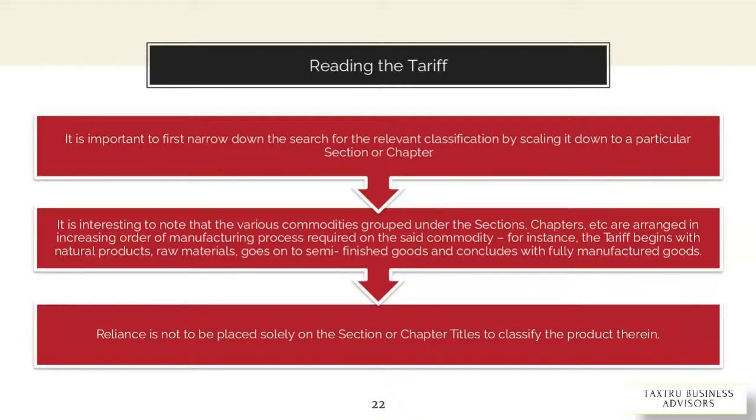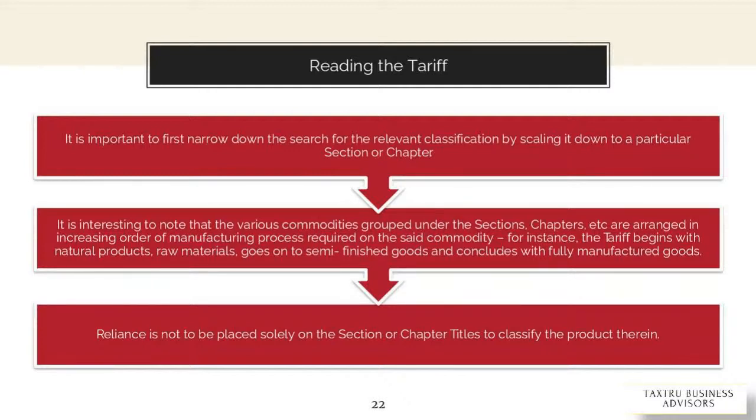For example, if you have imported machinery and there are 5-6 components of that machinery which give the essential character to that machinery, you go to the section in which the machinery products are there, then you go to the specific heading in which the particular machinery you want to see is there.